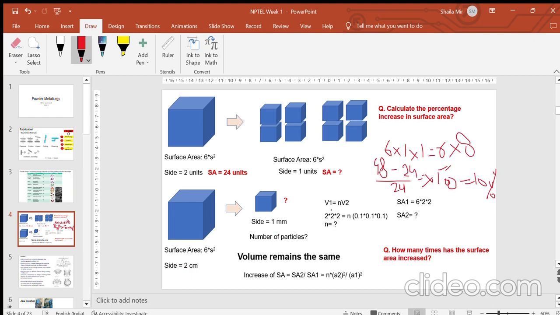So here it will be 8 divided by 0.001. There will be two zeros there. So it will give you the number of particles that will be produced. So it will be 8,000.